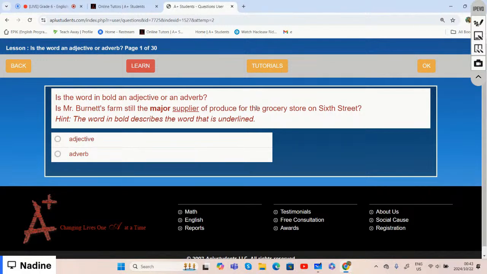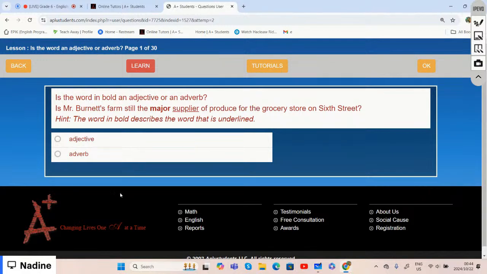And if we were to select whether it is an adjective or an adverb, then we are going to say that major supplier is either the verb or the adjective.